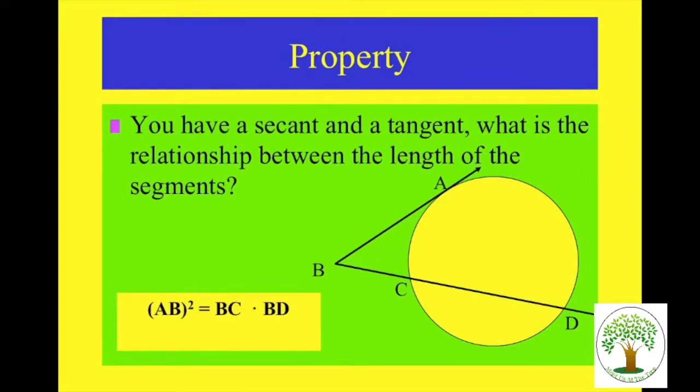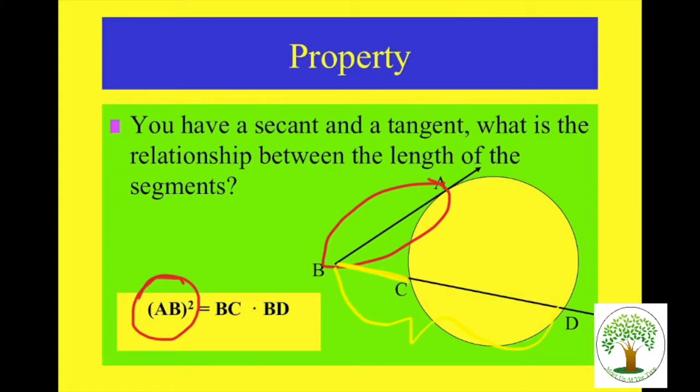This time, that outside and that whole that we have over here, since it's one and the same, it seems logical to me that we would just multiply it times itself. And then we have the BC, and that's times that whole piece on the outside there.